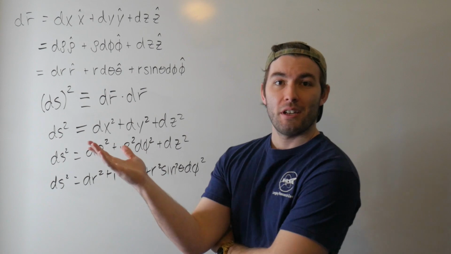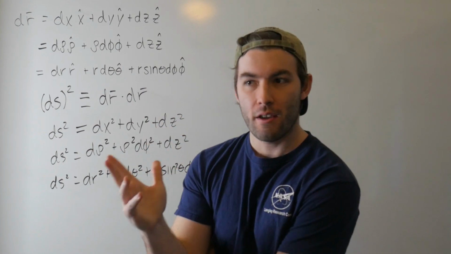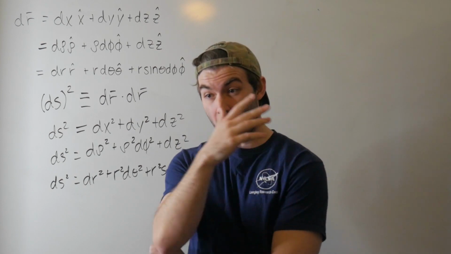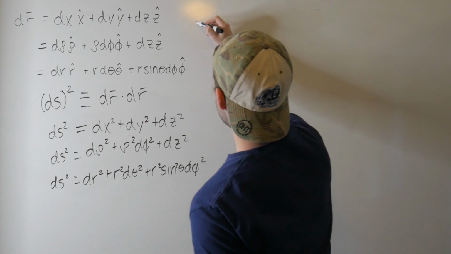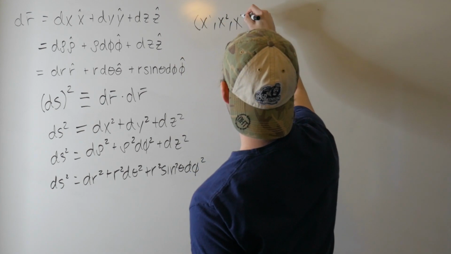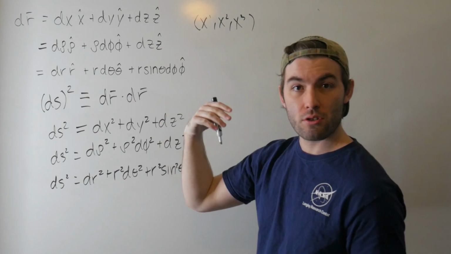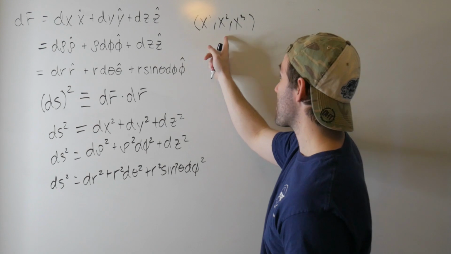This is a bit cumbersome. It would be nice to shorten the notation a little bit, write it in a more compact manner, and in previous videos we showed how writing things in index notation can do just that. So if we adopt the convention x1, x2, x3, where these are not powers, they're just superscripts, they're the index saying the first coordinate, the second coordinate.